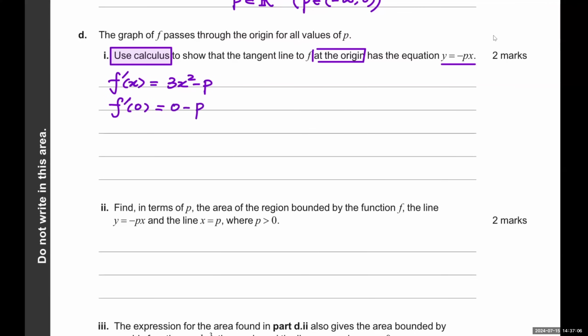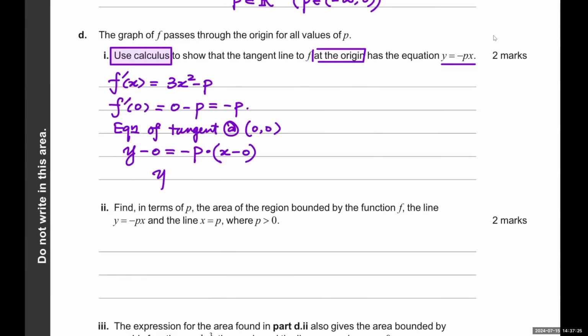So 0 minus p, which is minus p, okay? And the equation of the tangent at the origin (0, 0), you could write y minus 0 equals the gradient, negative p, times (x minus 0) in a bracket. Therefore, y equals negative p times x. So that question is done.